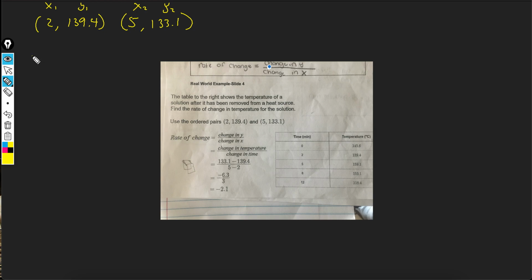Now, if you remember the formula, y equals mx plus b, and the reason I'm bringing this up is because this has a lot to do with this. M is equal to the slope, right?